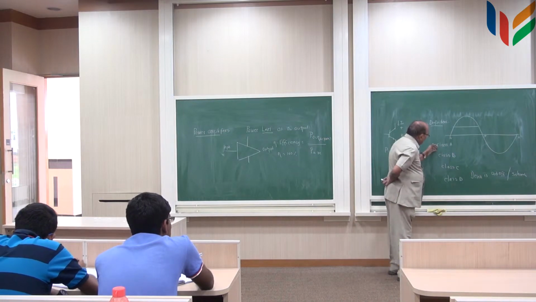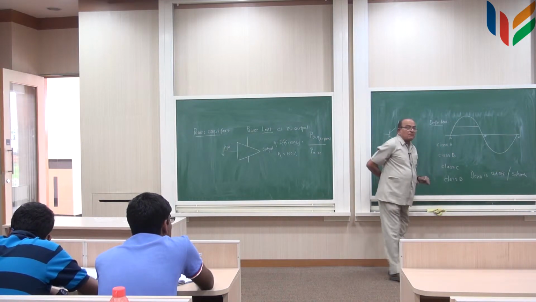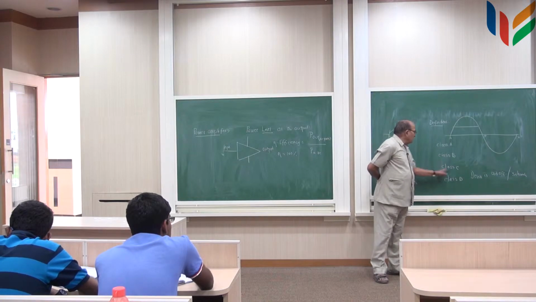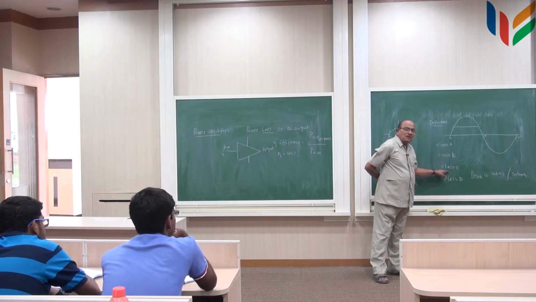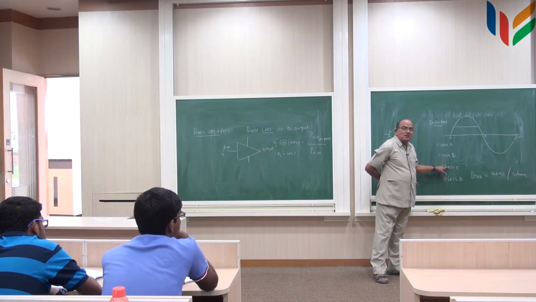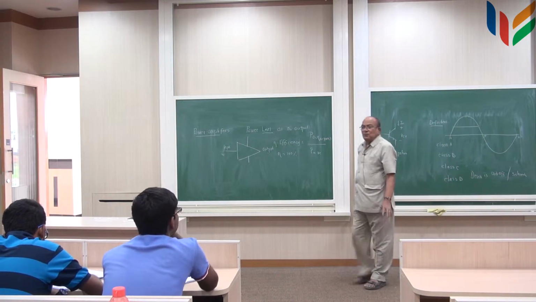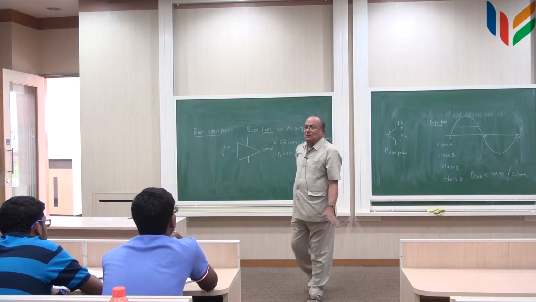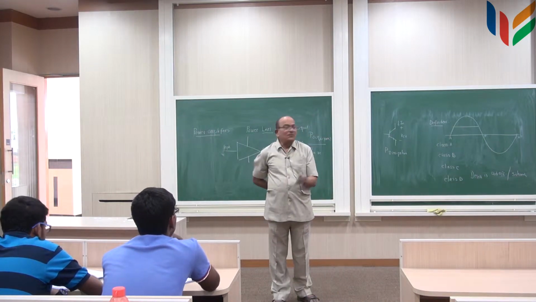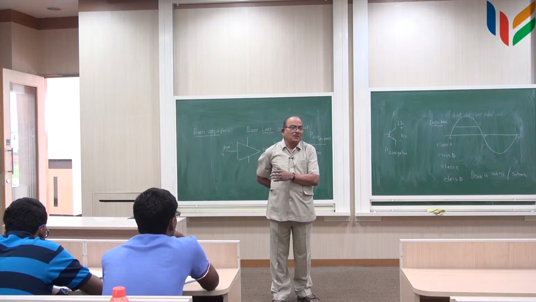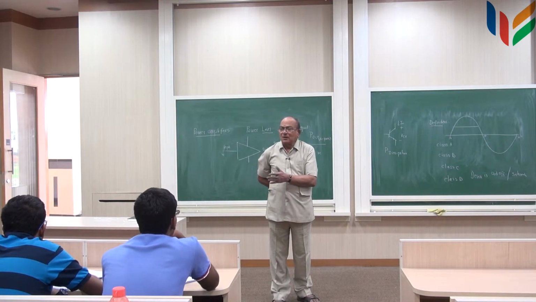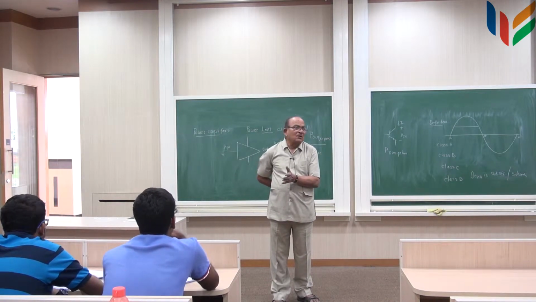Now, you have class A, class B, class C, class D. Unfortunately, since class B or class C operates only for half the cycle, if you analyze the Fourier series of that, you will get the fundamental as well as harmonics. The harmonics have to be filtered out, otherwise there will be distortion.